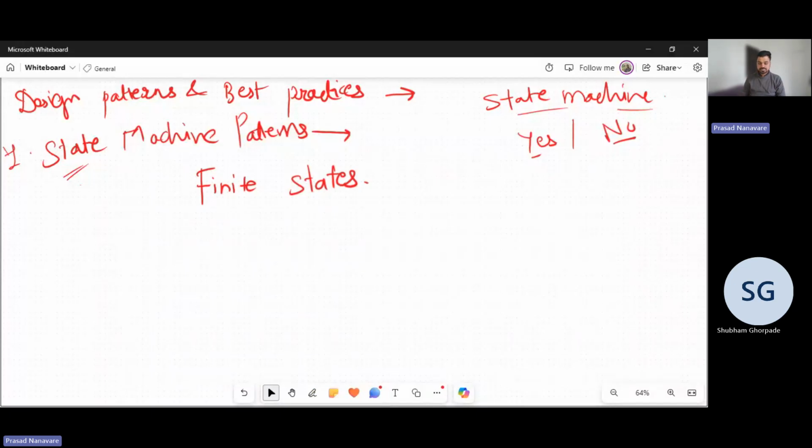Suppose, to give you an example, a temperature sensor is reading the data, okay. Okay, this is a task, okay. Temperature sensor reading the data, okay.